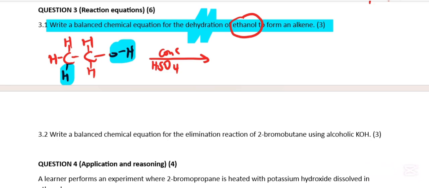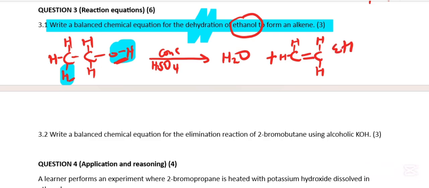Then by removing these, we form 2 H2O. You can see this one is OH and this one is H, which means this is H2O. Plus the compound that remains looks like this. Where the OH left and the H left, the double bond forms here. So we have ethene. Then we are done, this is a balanced equation for this reaction.